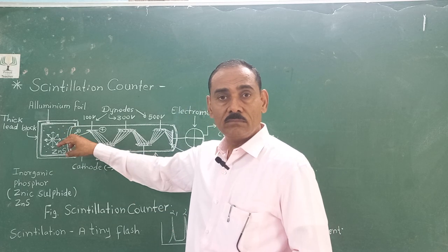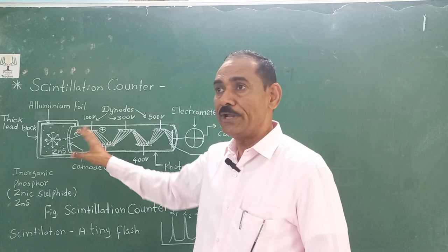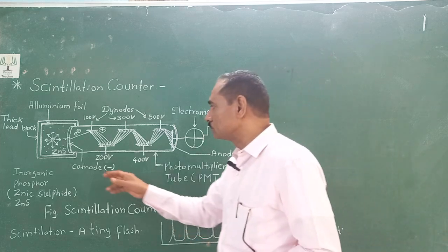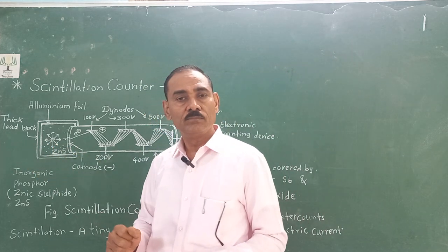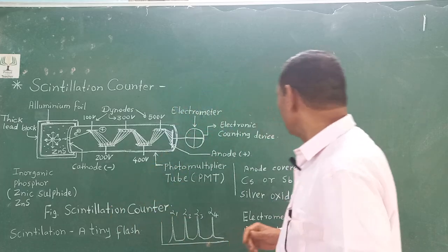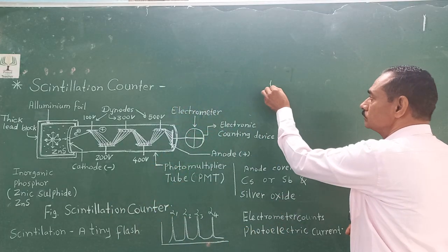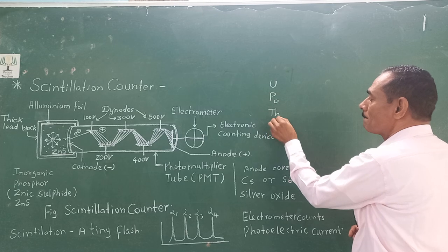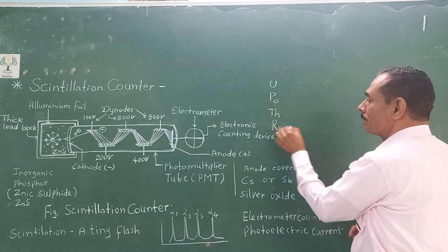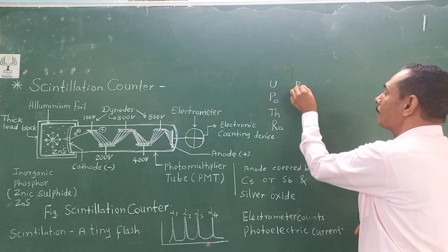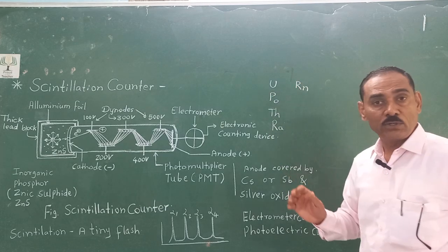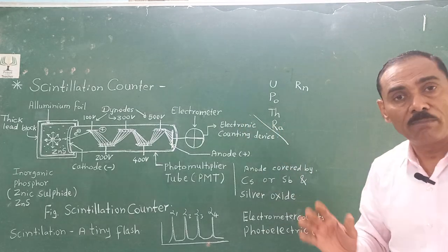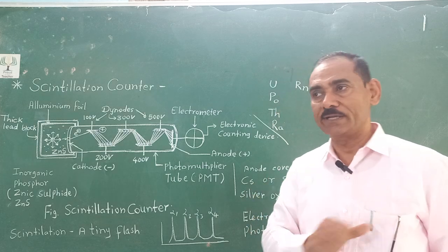Around the radioactive substance, now we know radioactive substances such as uranium, thorium, polonium, iridium, radon, emit alpha and beta particles.